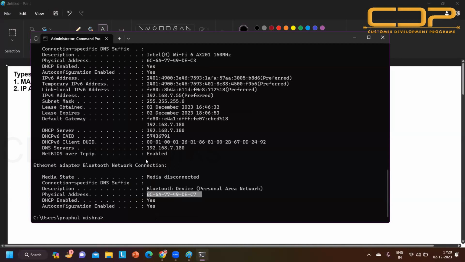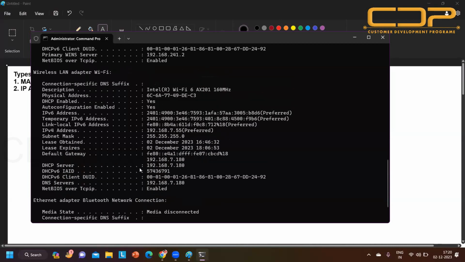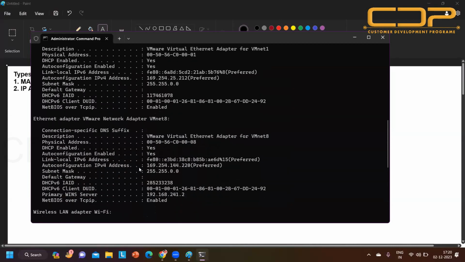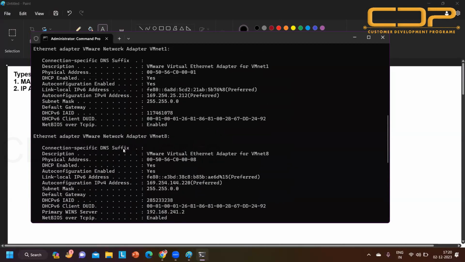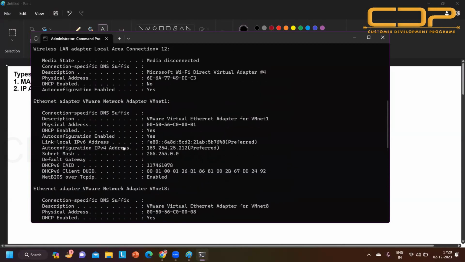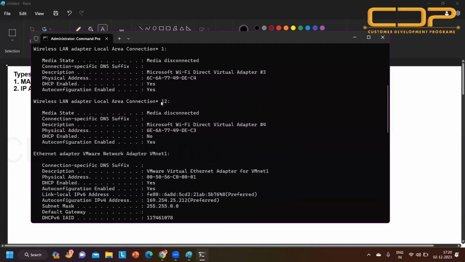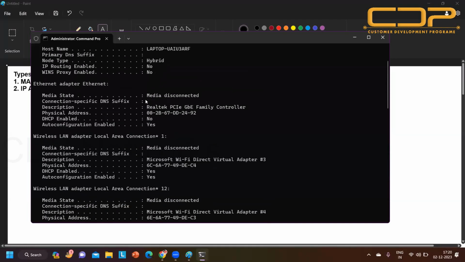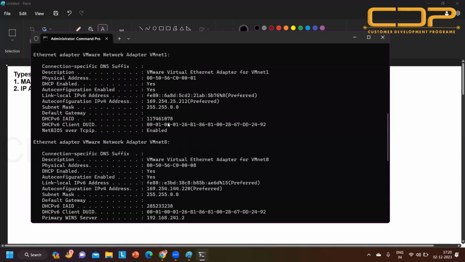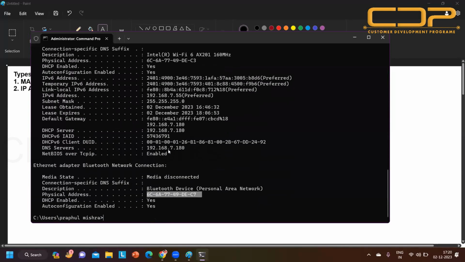So we are able to see two MAC addresses in my laptop because I have two NICs. There are some more also, like virtual Ethernet for VM, and you can add a NIC card also. If you add a NIC card, that means you are adding one interface to connect your computer to the network.